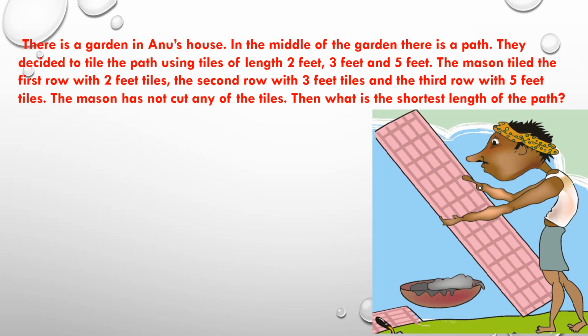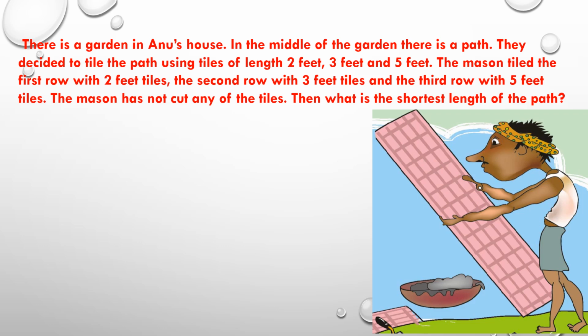That means when he starts putting the tiles, the starting point for the 2 feet tile, 3 feet tile and 5 feet tile is the same, and when he just finishes with the path, where the 2 feet tiles end, at the same position 3 feet tile and 5 feet tiles also end. That means he finished putting the 3 feet and 5 feet and 2 feet tiles together.